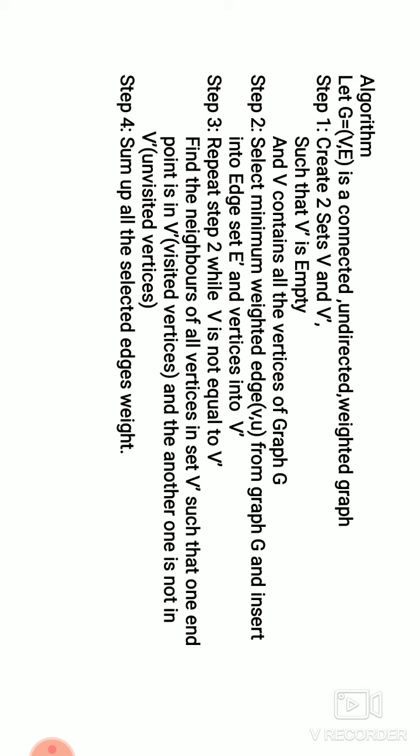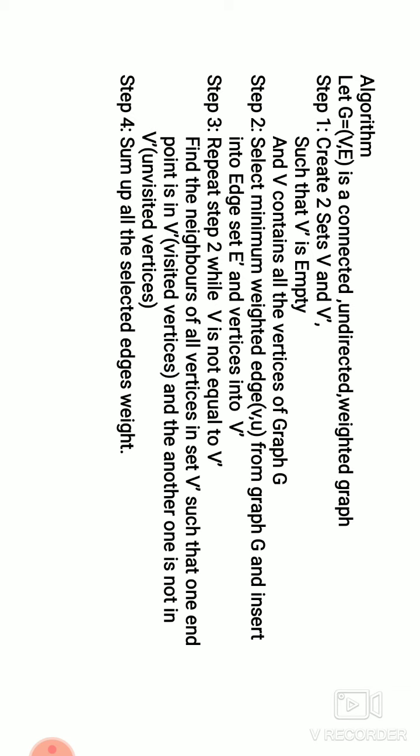We find an edge which has minimum weight, and that edge we consider as (V, U). Now insert the minimum edge into E dash, the edge set of spanning tree T, and the newly found vertex is added into V dash.